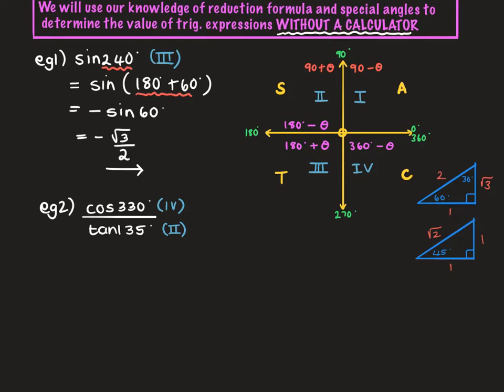Lovely. So in quadrant 4, that's the 360 minus theta quadrant. So you ask yourself, grade 11s, 360 minus what is going to take me to 330 degrees? So cos of 360 minus 30 is equivalent to 330 degrees.